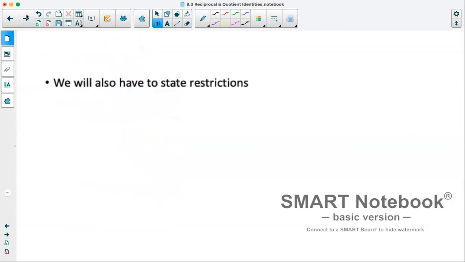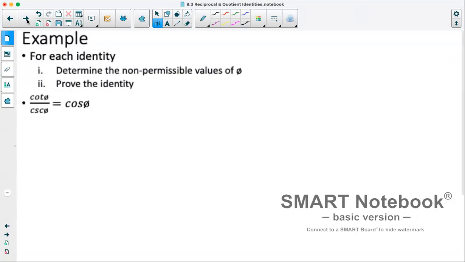Now we'll also often have to state our restrictions. For example: for each identity, determine the non-permissible values of theta and then prove the identity. For this, I usually change it into our 3 basic trig ratios, sine, cos, and tan, and then come up with our restrictions.